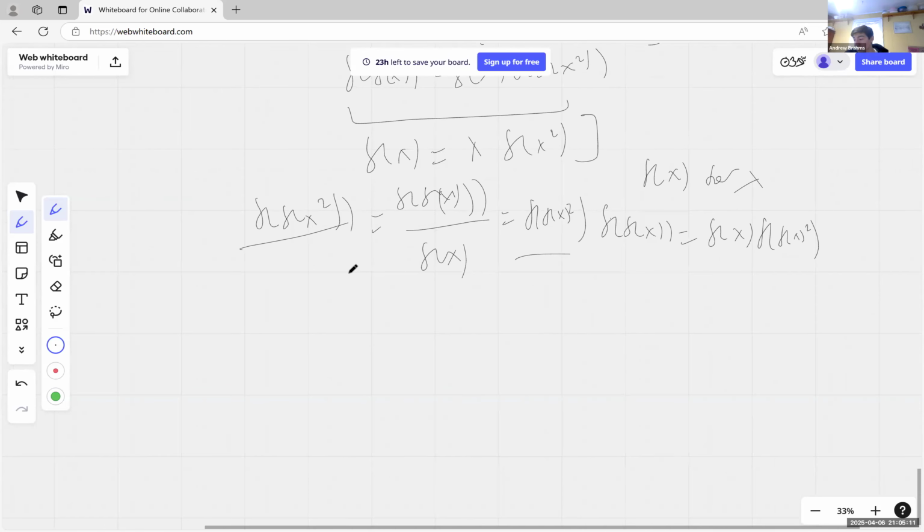Now I think we have enough to prove injectivity.